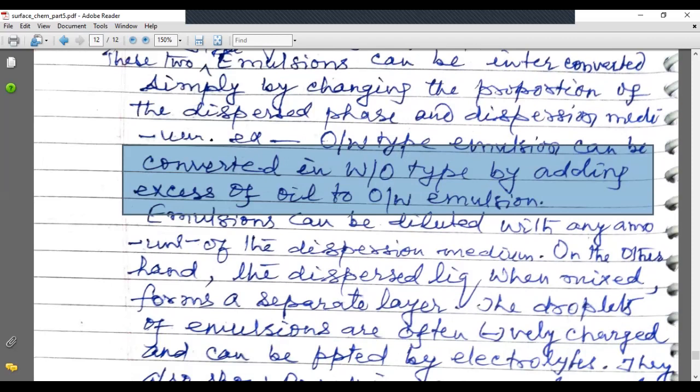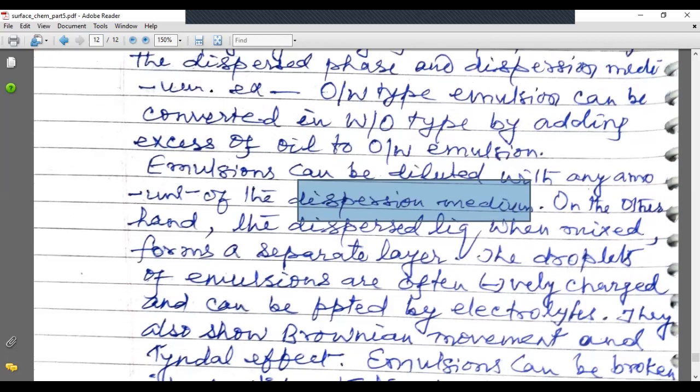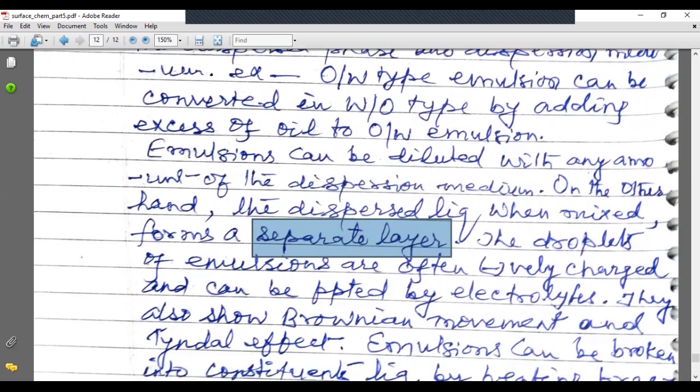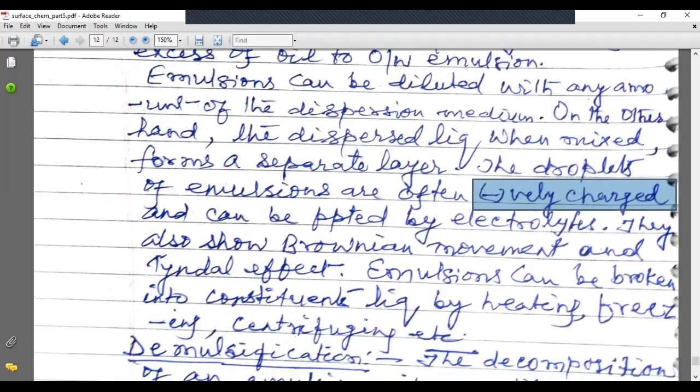Emulsions can be diluted with any amount of the dispersion medium. On the other hand, the dispersed liquid, when mixed, forms a separate layer. The droplets of emulsions are often negatively charged and can be precipitated by electrolytes. They also show Brownian movement and Tyndall effect.